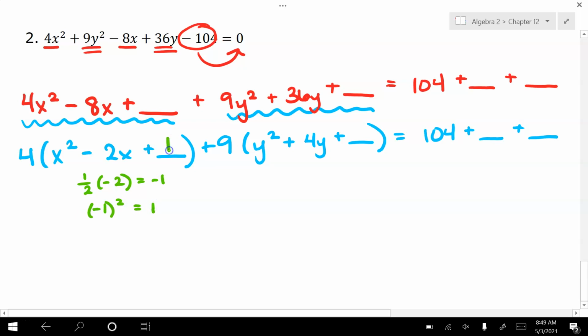So that's what's going to go in one of the blanks on either side there at my equal sign. So in the second one, for the y, what are we going to do half of? 4. Half of 4 would be 2. What's 2 squared? Good, 4. So then 4 comes up here.